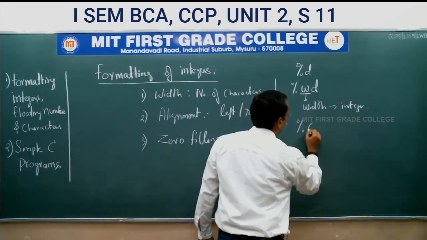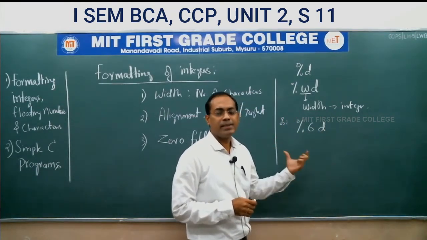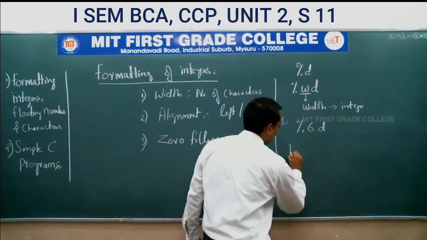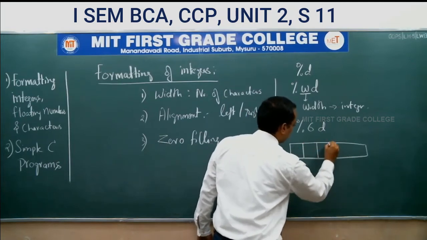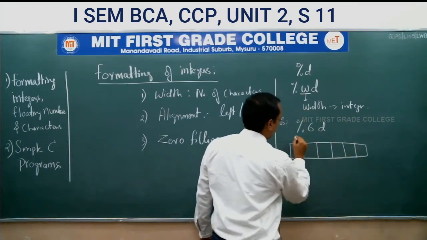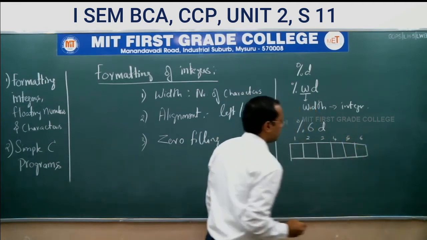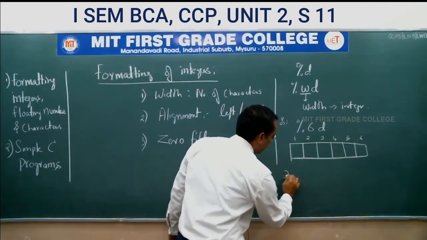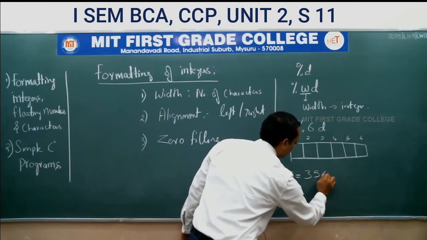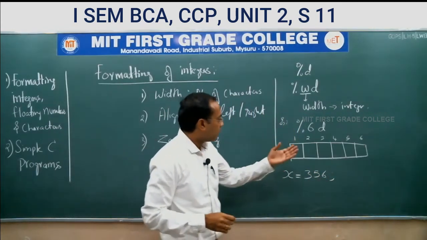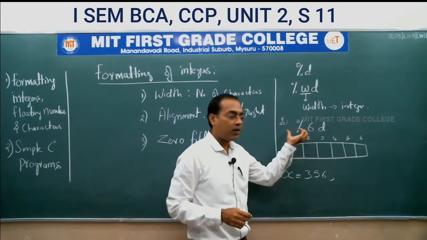We'll take one example. %6D means 6 characters length. One, two, three, 4, 5 and 6. We'll take an example, x value as 356. Suppose this instruction has been given for formatting.